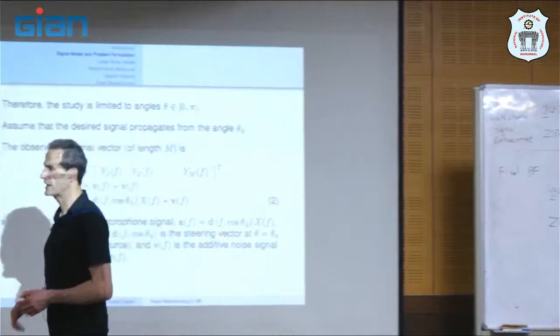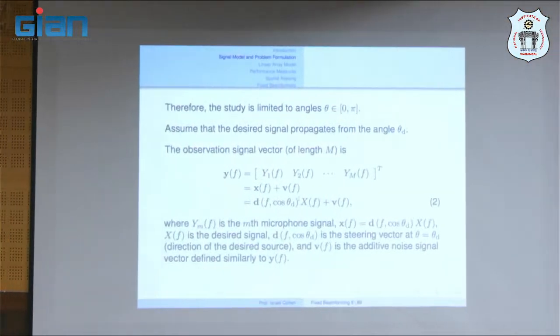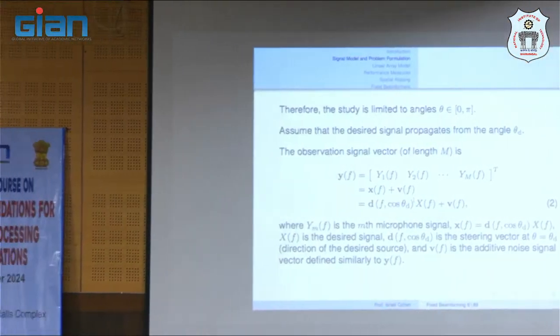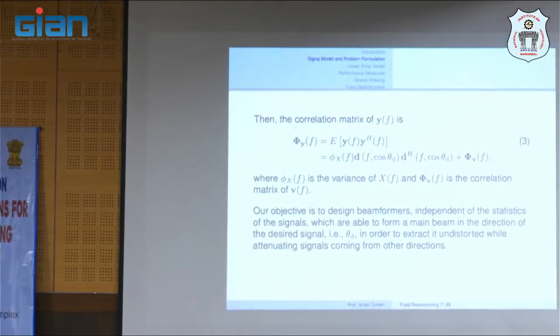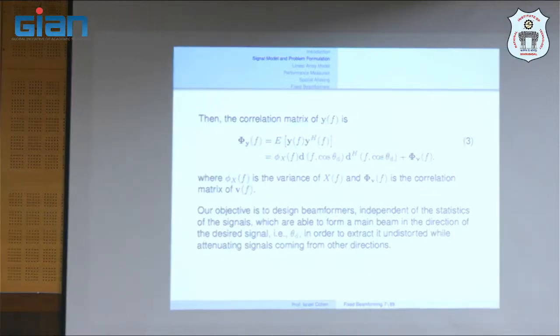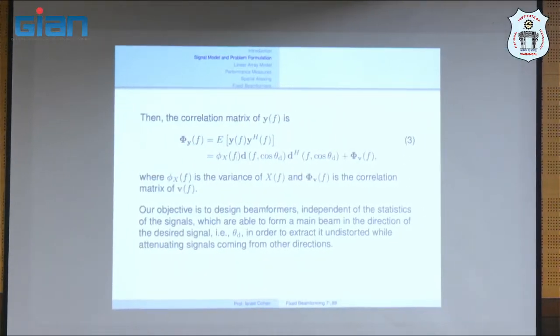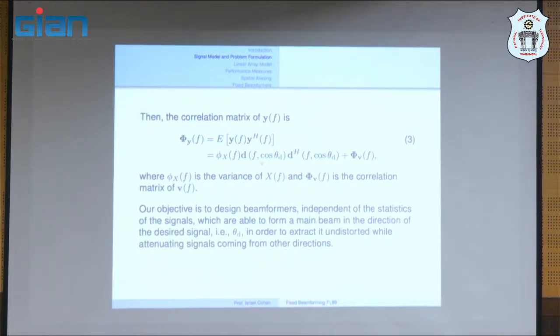Let's continue, just like we did. Let's compute the correlation matrix of y. So the correlation matrix of y is the variance of x, which we don't know, times d d transpose conjugate. D we know, because we will design the beamformer so that any signal that comes from this direction will not be distorted.